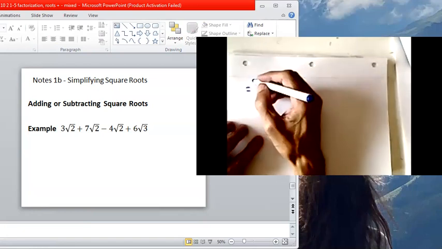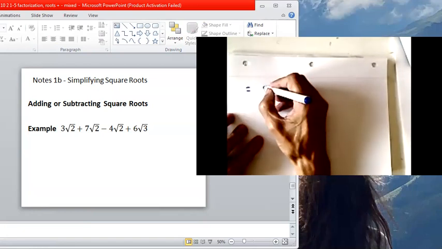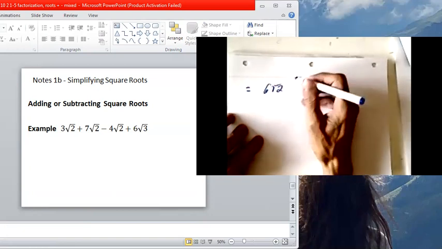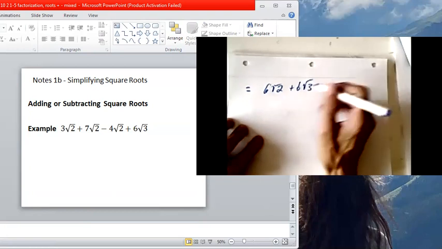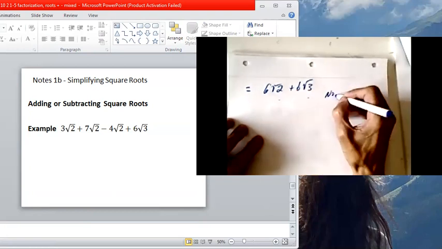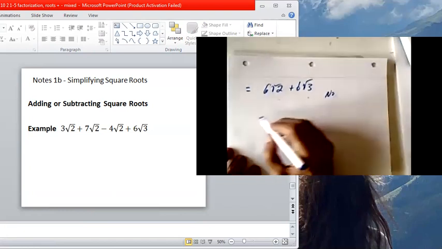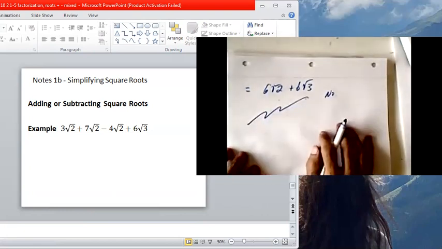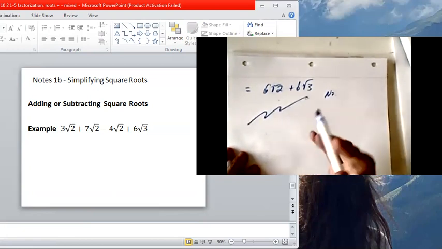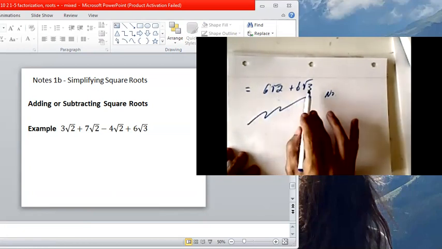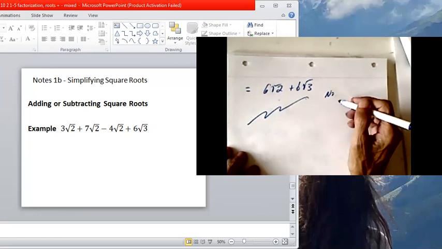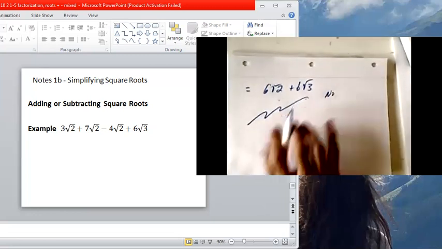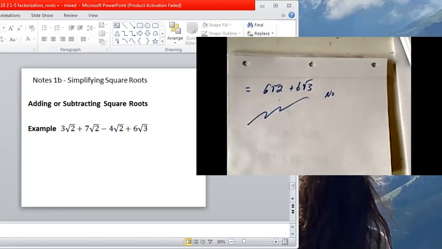Well, as we just saw, we had a 10 and then a minus 4, so we add them up and we get a 6 root 2, but we have this hanger on, plus 6 root 3. Are these the same? No. So that means this answer is finished. It's finished because these insides, they are not the same. They cannot be combined together. Okay, so finished when it's like that. Okay, keep those results separate.